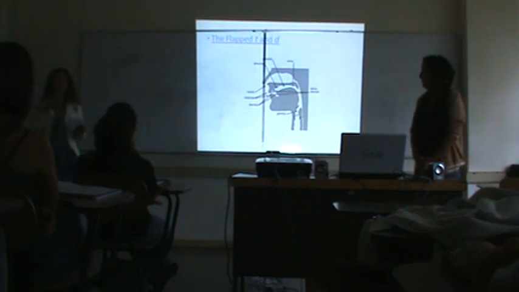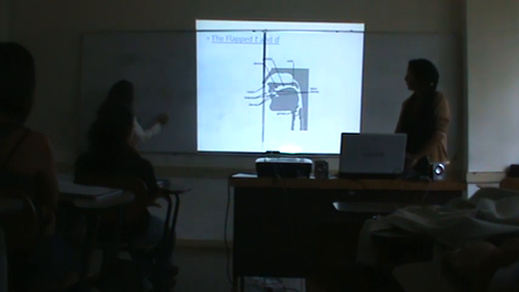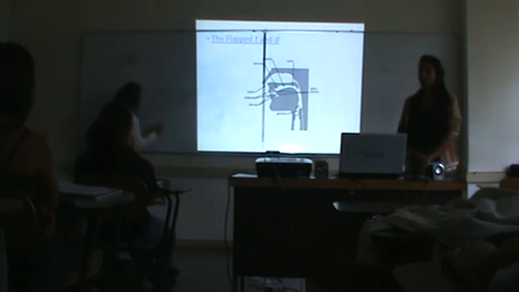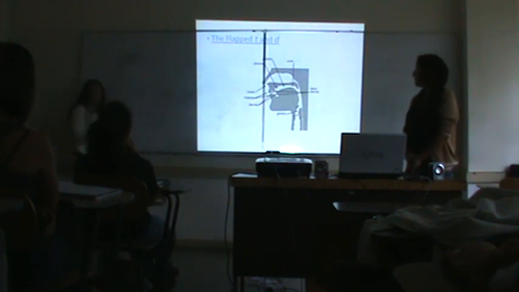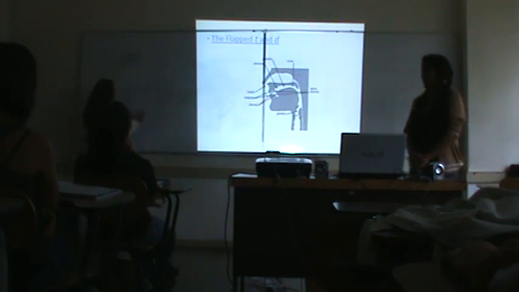Also, I found a characteristic of the flap T and D that is very interesting to differentiate between the T sound. For example, when you have the word attack and you have the word letter, the spelling is the same. But if you want to differentiate when to pronounce it with T and with the flap T, look at the accent.